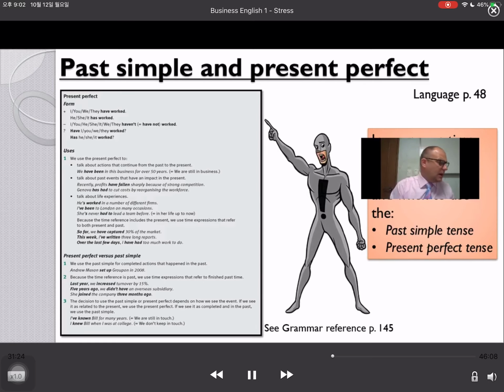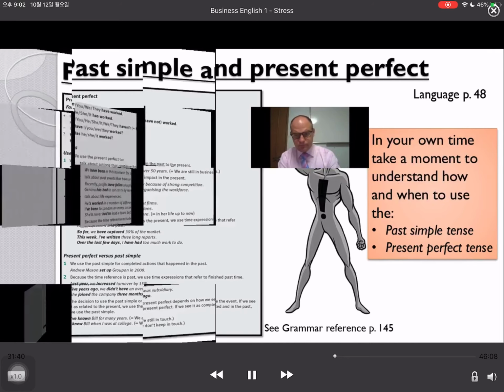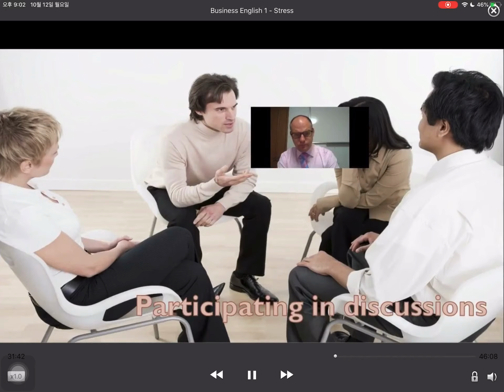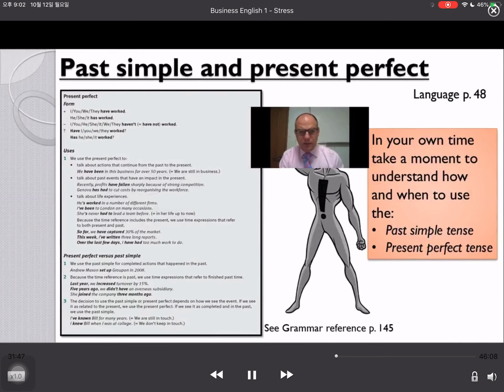Okay, so when you're finished, you can have a look at the language section on page 48. All about the past simple and present perfect. Have a read through that. Again, there's a lot of questions for you to complete if you wish to. I'm not going to spend too much time on the grammar. I'll leave it up to you.